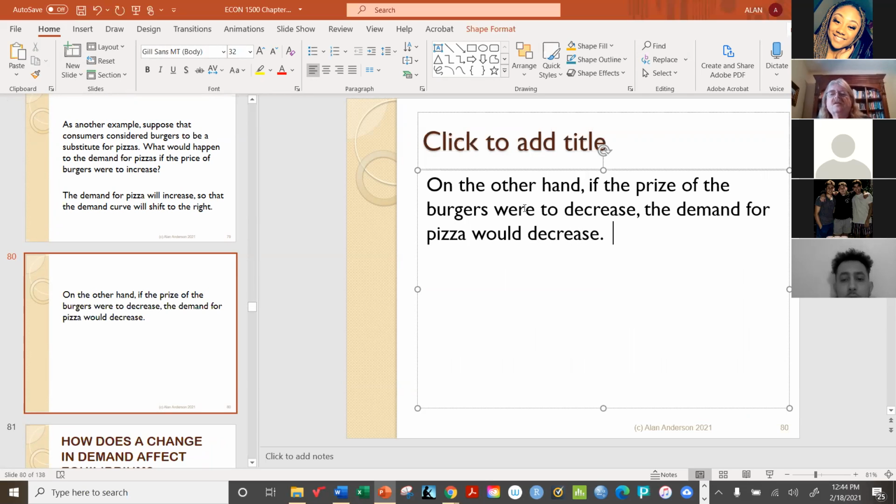Why? Because burgers are suddenly cheaper. At least some people would switch from pizzas to burgers. So therefore, the demand for pizzas would decrease, and therefore, as a result, the demand curve will shift to the left.